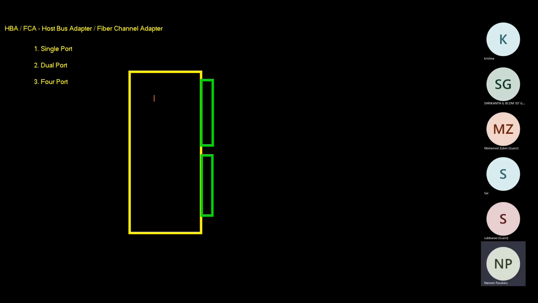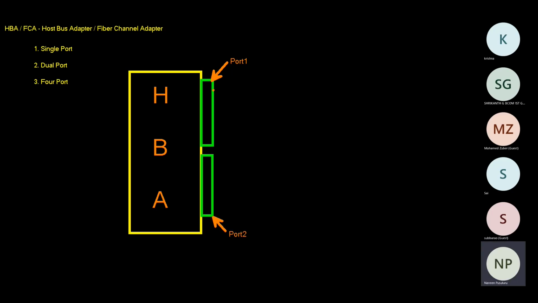So here, let's assume that this is my HBA. Now this is a two port HBA. This is port one, and this is my port two. So this is a dual port HBA.